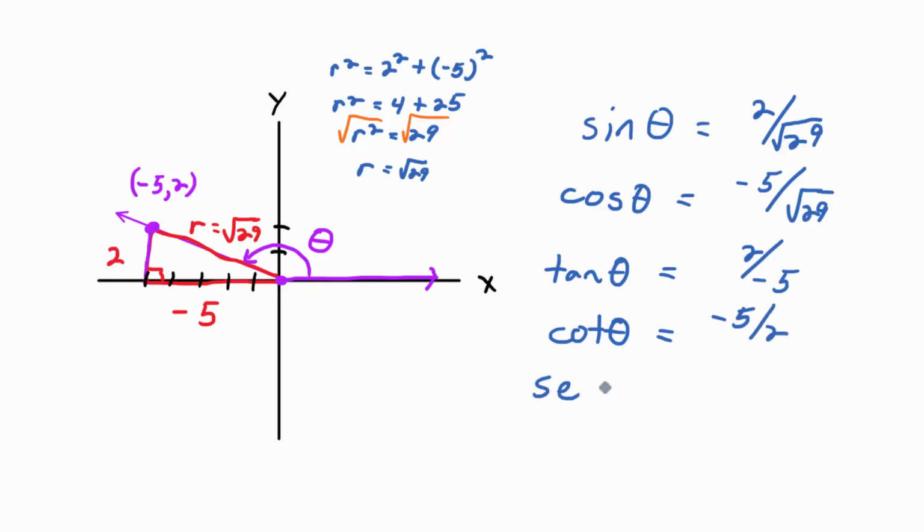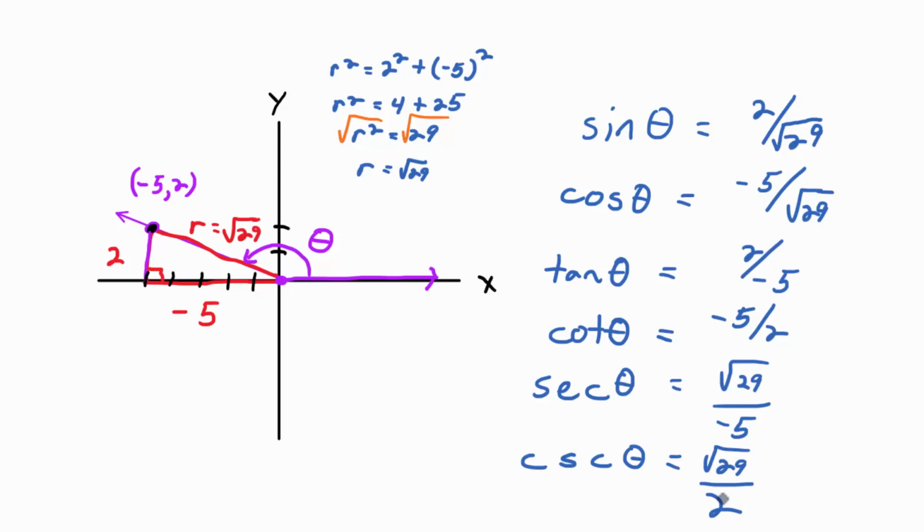To get secant, you just take the reciprocal of cosine, which would be root 29 over -5. And to get cosecant of theta, you just take the reciprocal of sine, which would be root 29 over 2.